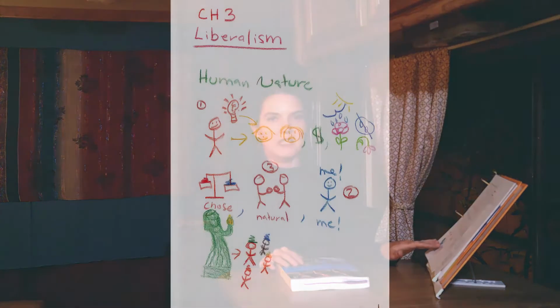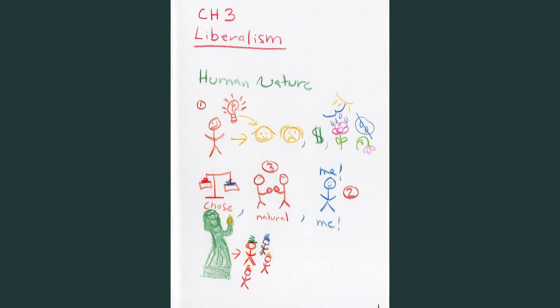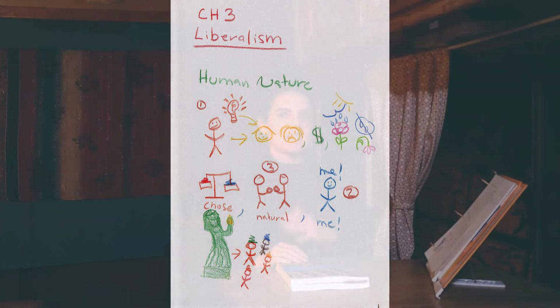So the third picture here that has the 3 is competition. So you have 2 people fighting, right? They're in competition with each other. Liberals say that that's good, to want to be better, to want to be more than somebody else, have more coconuts. Once again, this term will come up again. More coconuts than somebody else, a bigger house than somebody else, because it really helps us develop and build, right?